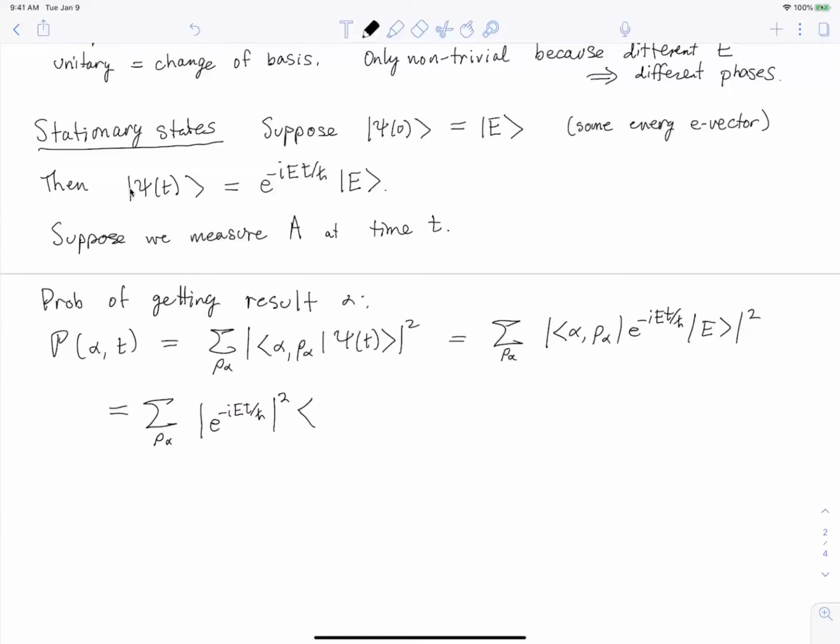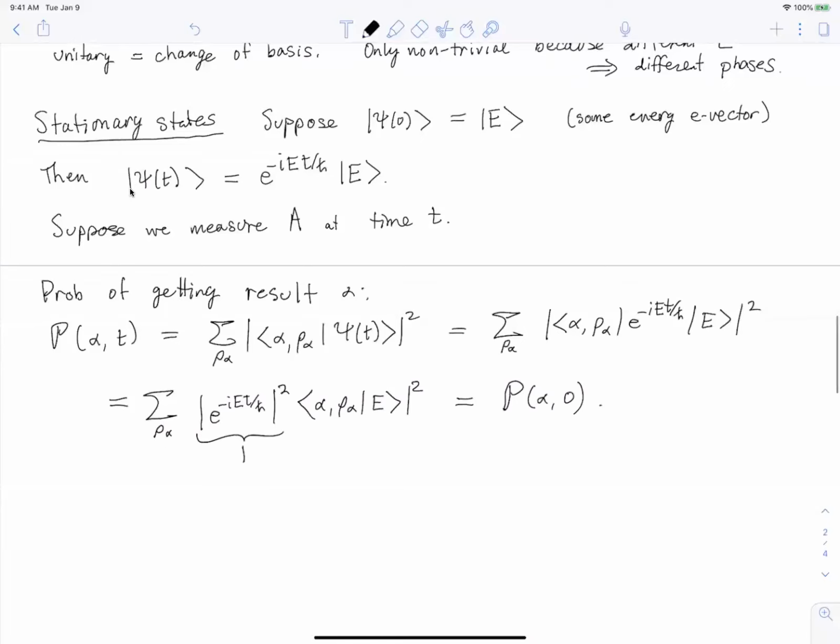And then there's alpha rho alpha, e squared. This complex square of a phase is just 1. And so the whole thing just becomes the probability that you got alpha at time t equals 0. In other words, it doesn't depend on time.